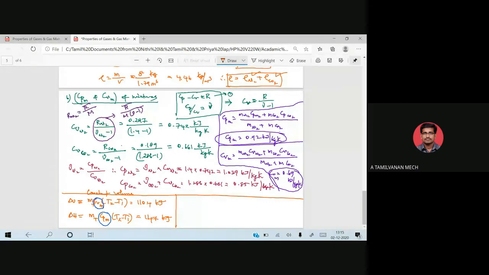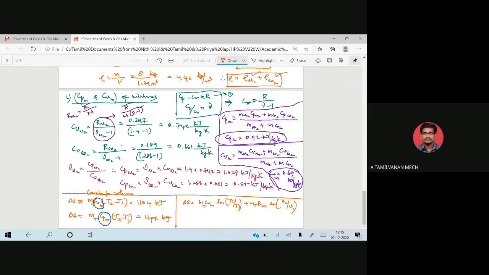Next is the change in entropy, delta S. You have a standard formula for delta S, which is equal to m total times Cv of the mixture times ln of T2 by T1, plus m total times R of the mixture times ln of V2 by V1.